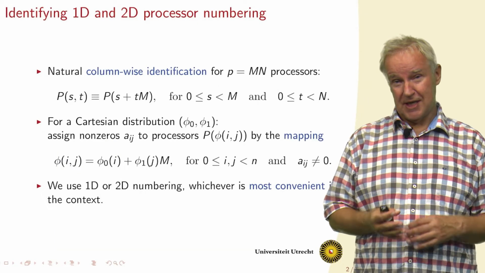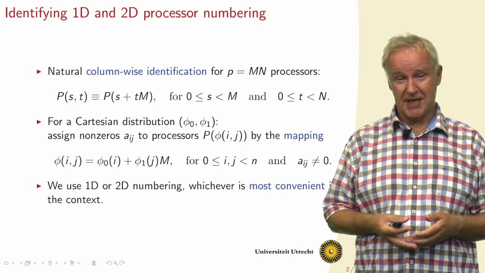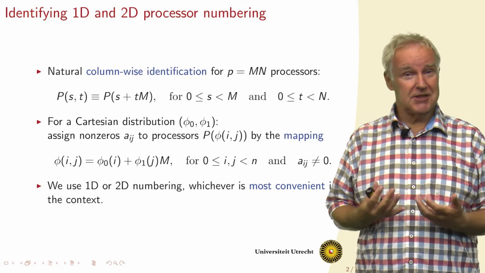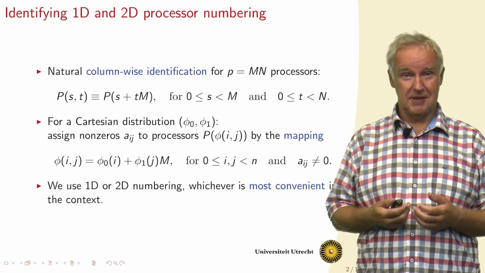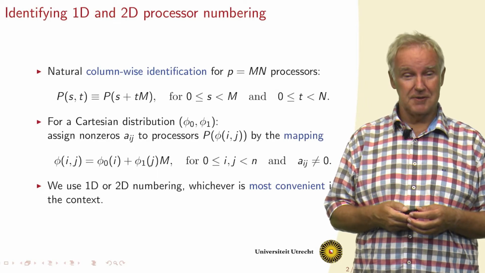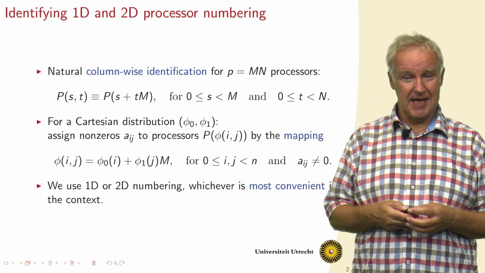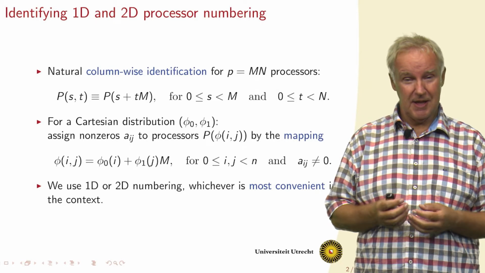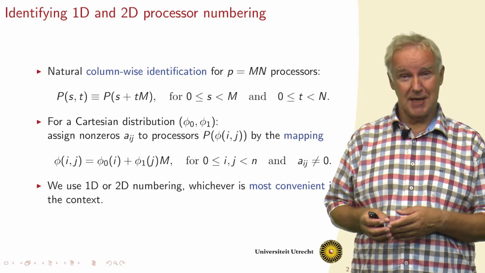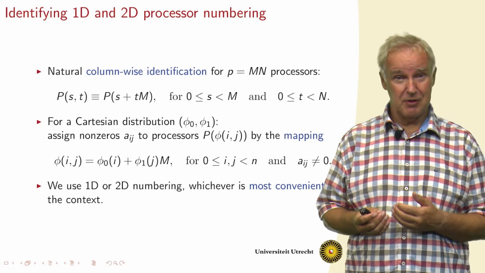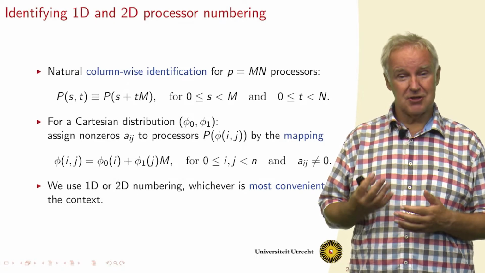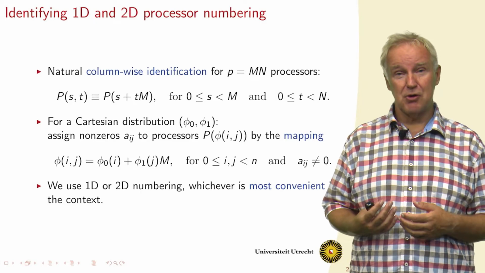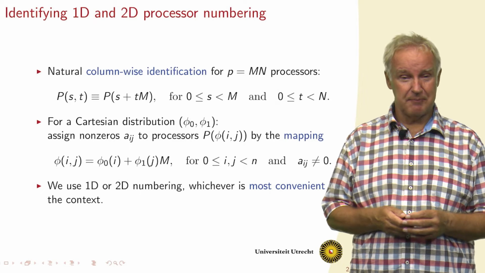Until so far, in this computation, we have used a 1D processor numbering, but for Cartesian distributions, a 2D numbering is also convenient, and we identify then a processor (s,t) in the two-dimensional numbering with a processor s + t times m, where m is the number of processor rows, and this is a column-wise identification. And then we use whatever is more convenient in the circumstances.